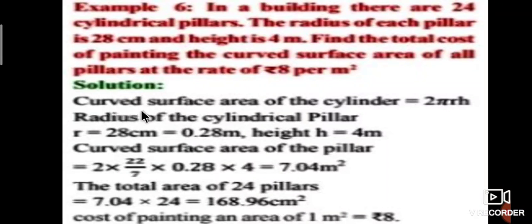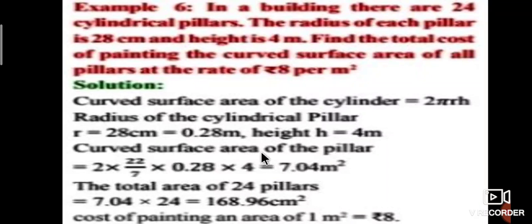Therefore the curved surface area of the cylinder is equal to 2 pi r h. The radius of the cylindrical pillar R is equal to 28 centimeter, that is equal to 0.28 meter. Height h is equal to 4 meter.